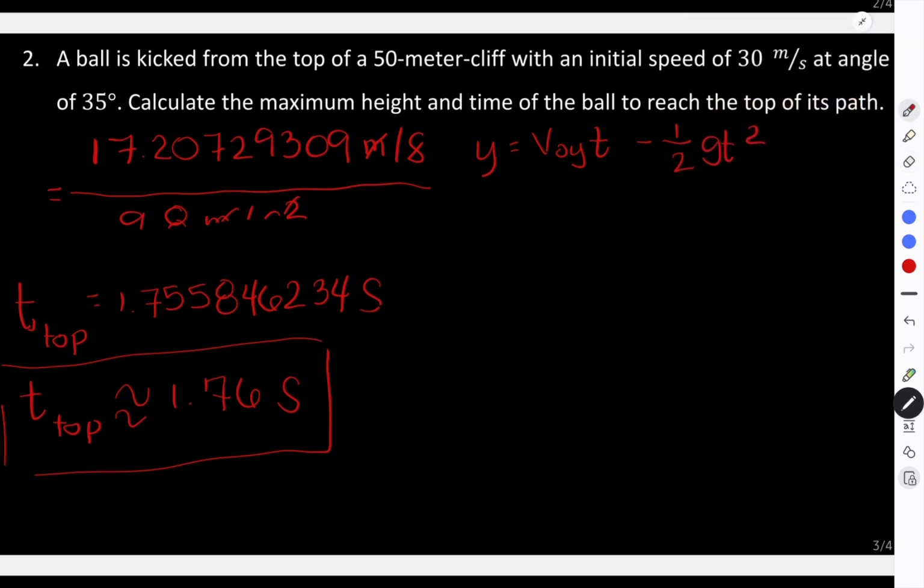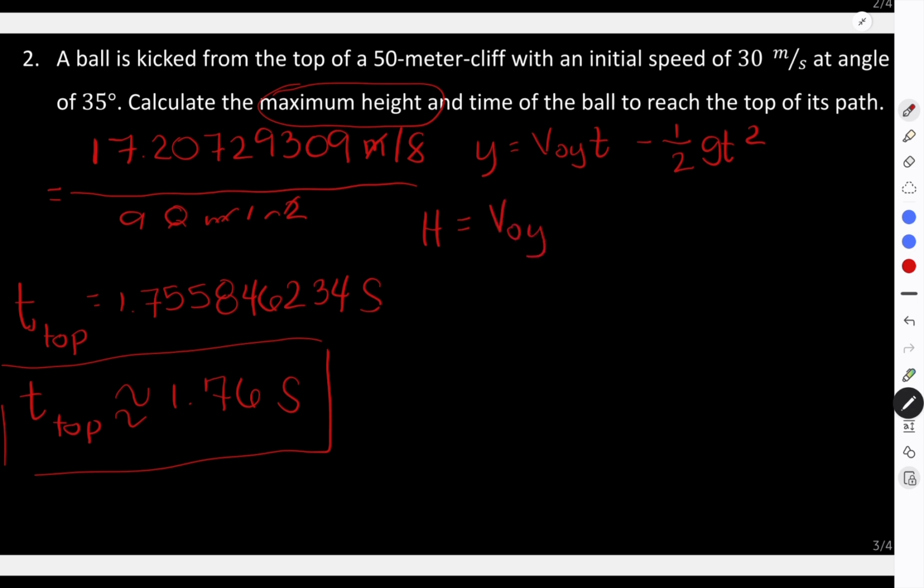So this is, of course, y equals, now, since it is the maximum height, let's change our y name into a capital H. Okay, now let's go back here.